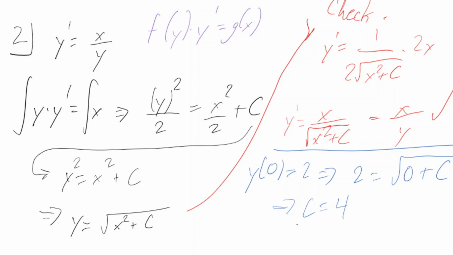Let's do another basic example, this time y prime equals xy. Now you might notice that this is linear and we could use integrating factors on it, but let's use separation of variables techniques just to get a good hang of it. So again, we want to get it of the form f of y times y prime equals g of x.